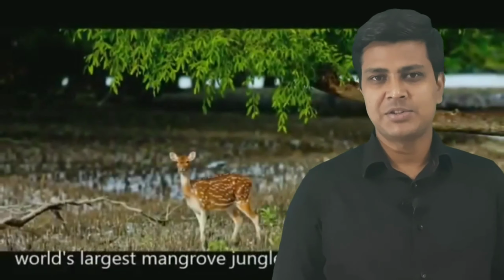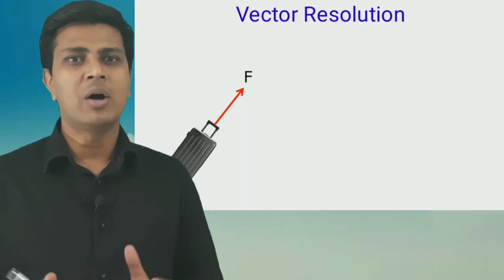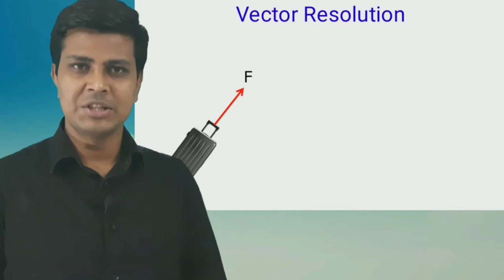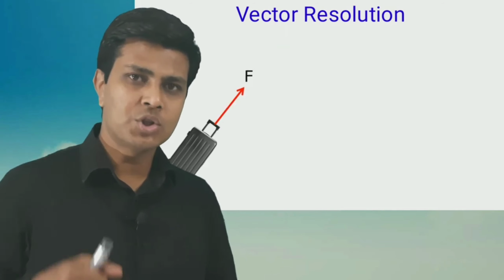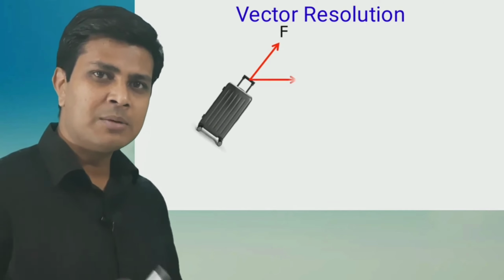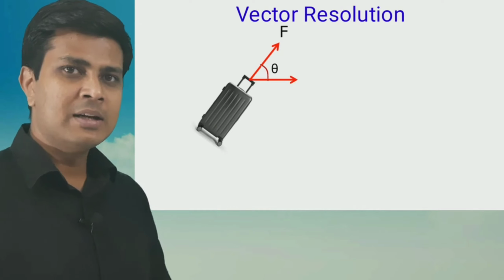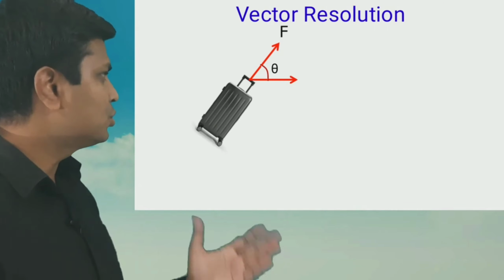Today, I am going to discuss the application of vector resolution. In your previous class, you have already learned what vector resolution is. When you push or pull a suitcase, consider the pulling or pushing force as a kind of vector, and that vector is divided into two parts.